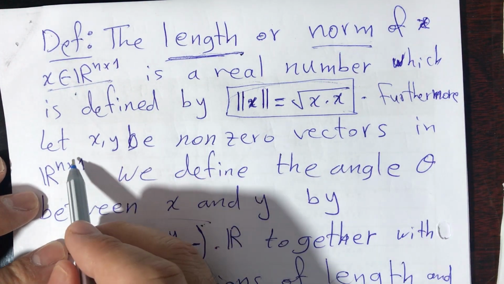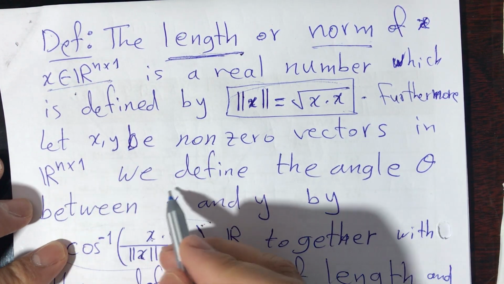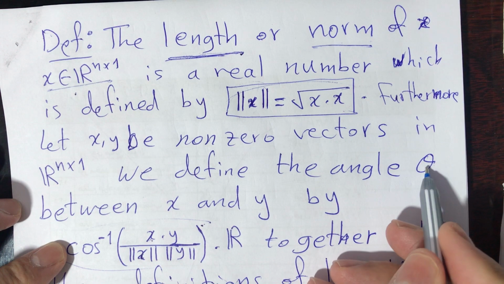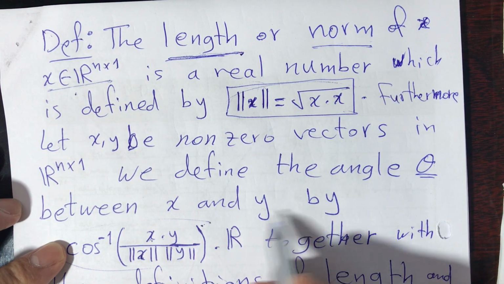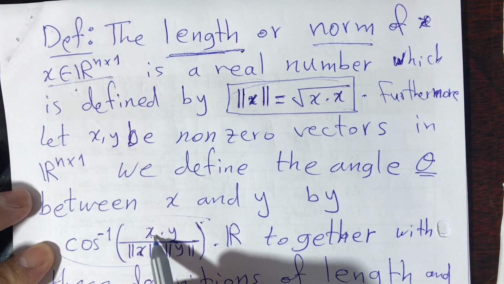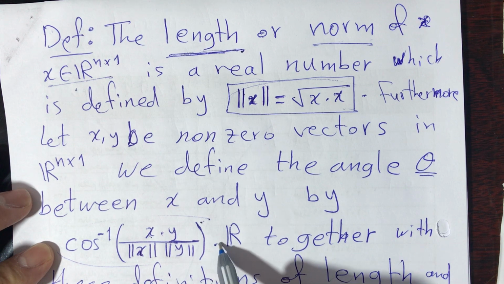Furthermore, let x, y be non-zero vectors in R^(n×1). We define the angle theta between x and y by theta equals cosine inverse of x dot y over norm x times norm y.